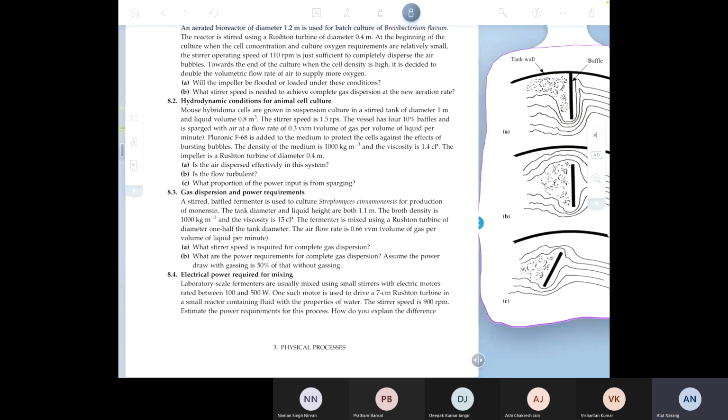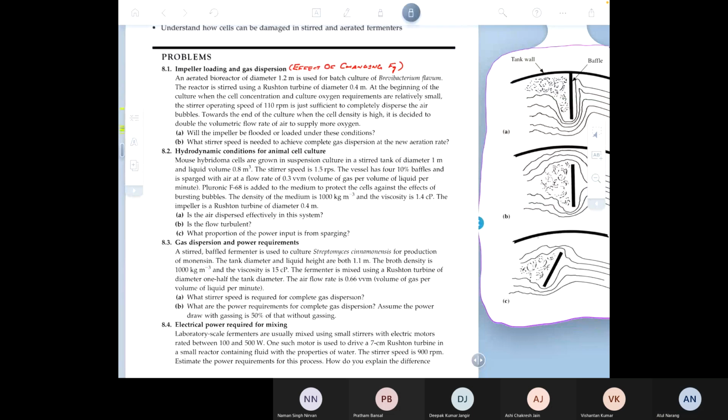You may want to try 8.1 and 8.3a. These are both related to what we covered today in the lecture.